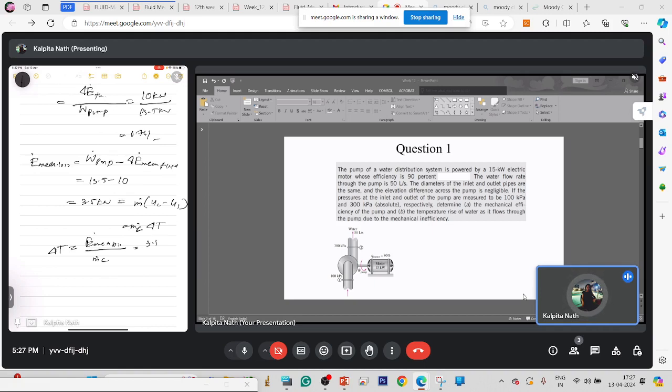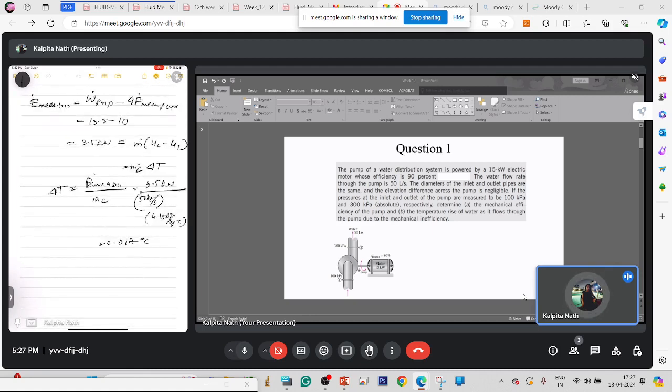So this is 3.5 kilowatt upon 50 kg per second multiplied by 4.18 kilojoule per kg degree Celsius, which is 0.017 degree Celsius. The water will experience a temperature rise of 0.017 degrees Celsius due to the mechanical inefficiency as it flows through the pump, which is very small.